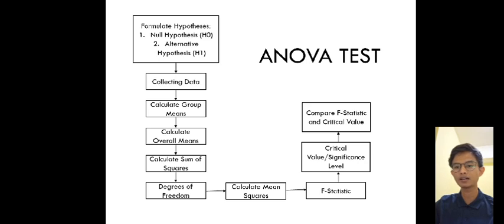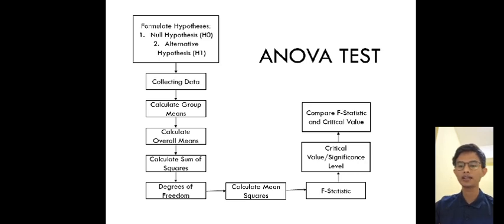Then we go to the next step, the degrees of freedom. Here we determine the degrees of freedom for between groups and within groups. After that, we calculate the mean square, computing the mean square between groups and the mean square within groups.